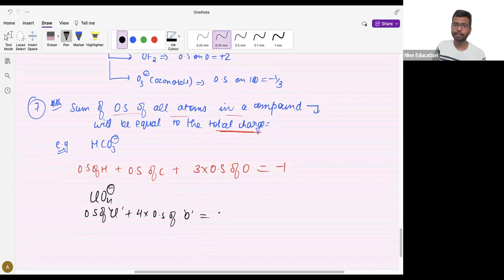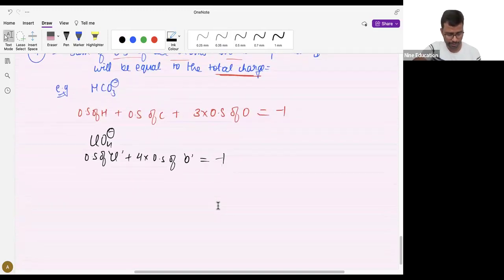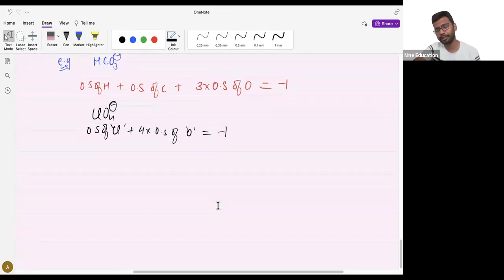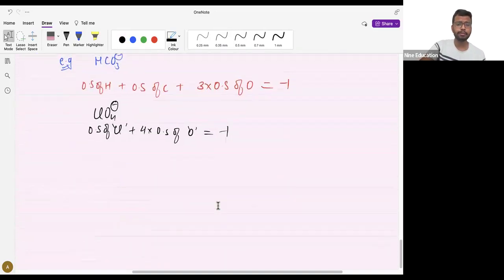The total charge on the species, which is minus 1. Understanding or not? So in this way, you can put X and find it. Done. So this is the 7th rule.